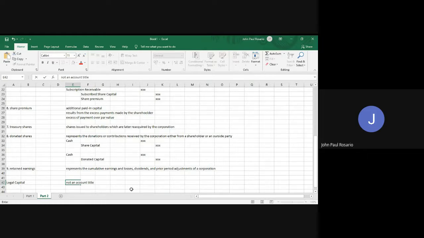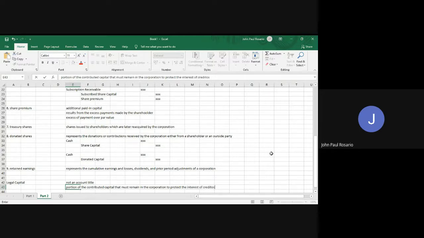This is a portion of the contributed capital that must remain in the corporation to protect the interest of creditors.